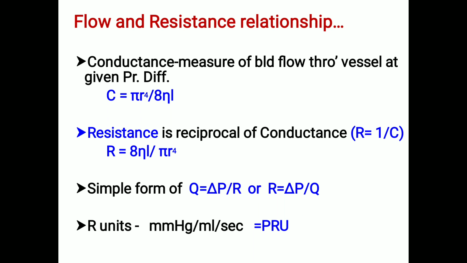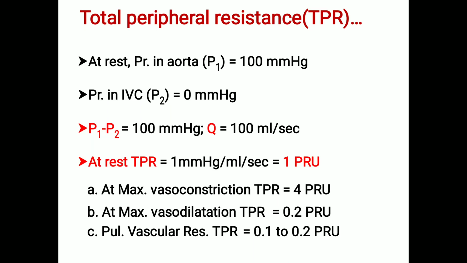So what is the unit of peripheral resistance? It is millimeters of mercury per ml per second. It is also expressed as PRU, peripheral resistance units. Total peripheral resistance at rest: the pressure in the aorta is 100, whereas the pressure in the inferior vena cava is 0.